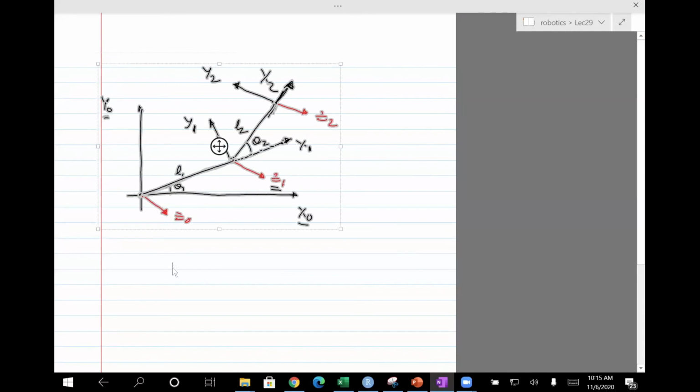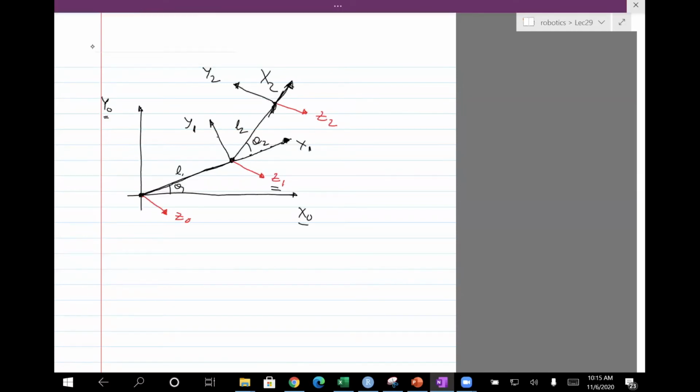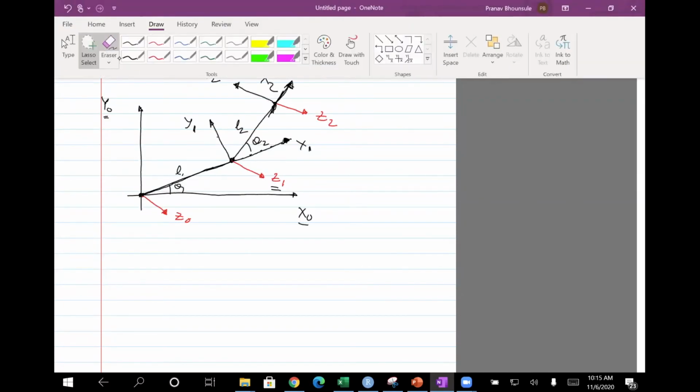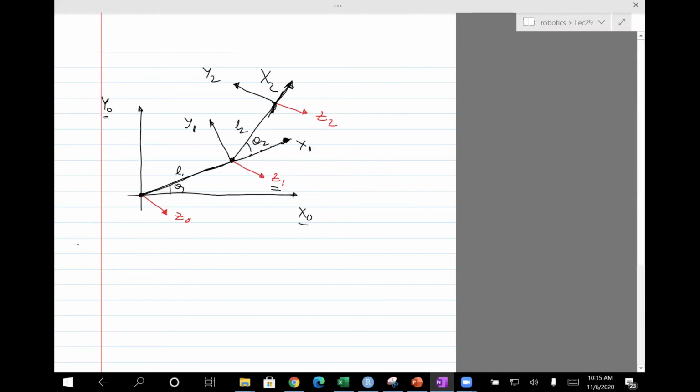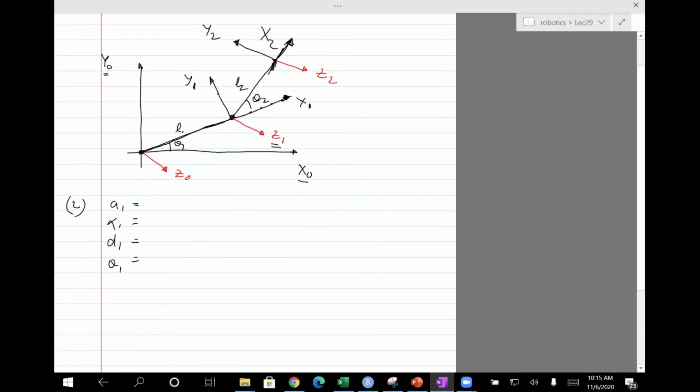Okay, so let's do it for number two, the DH table. I'm going to try to get a1, alpha 1, d1, and theta 1. This is how I remember the four steps. Yes, it should be in the handout.